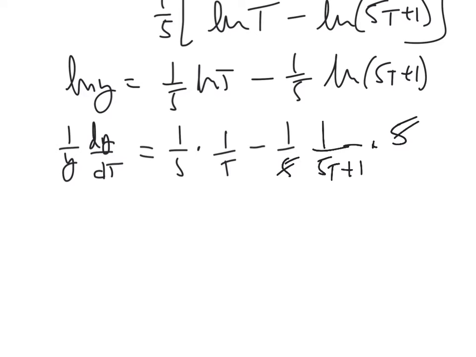So that 5 cancels off. I'm left with 1 over 5t minus 1 over 5t plus 1 times y, right? We've got to move that y over.